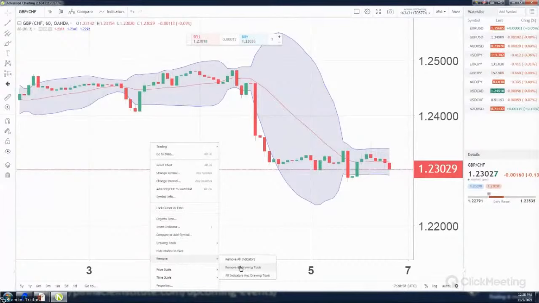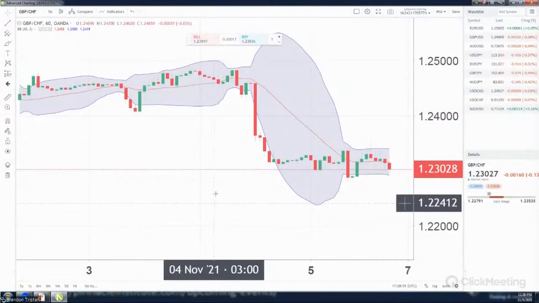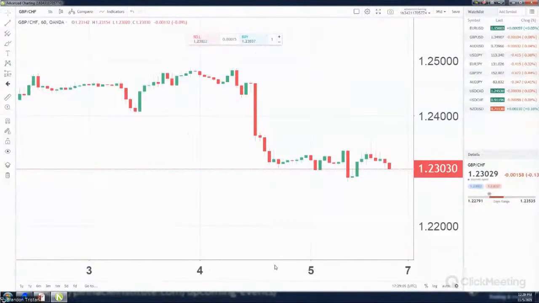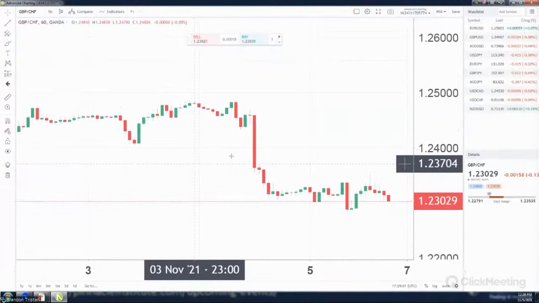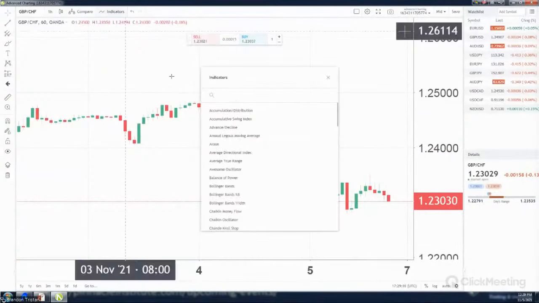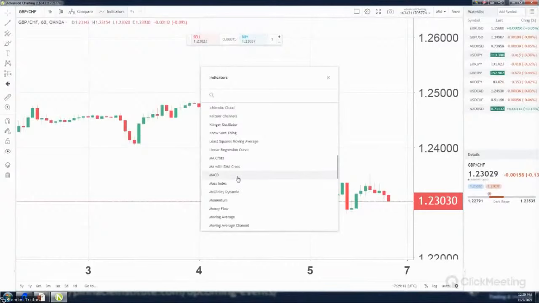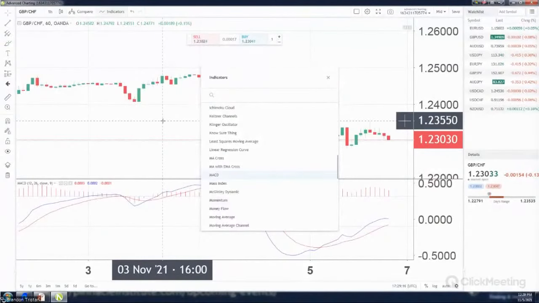Let's see here. Oops. Where is it? There we go. Put on the MACD. There we go. All right, MACD.